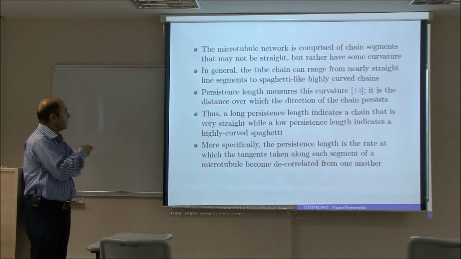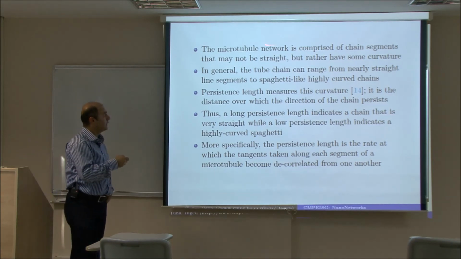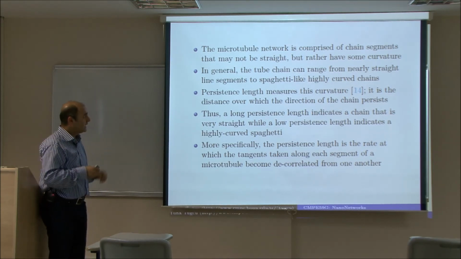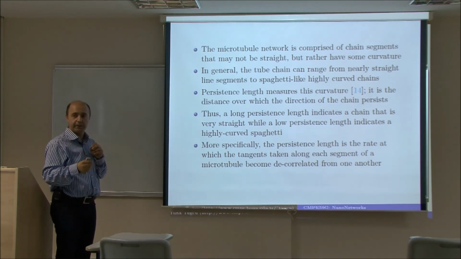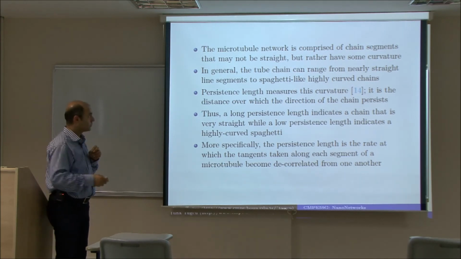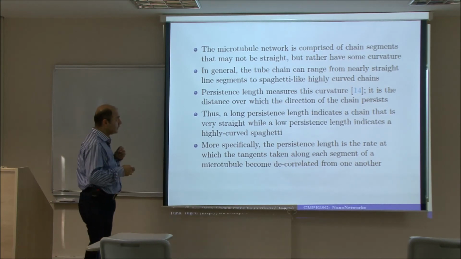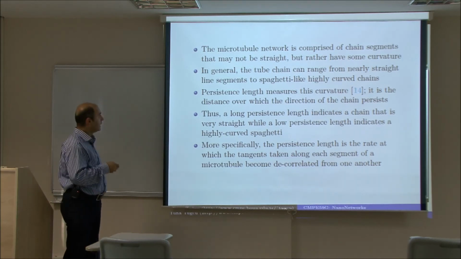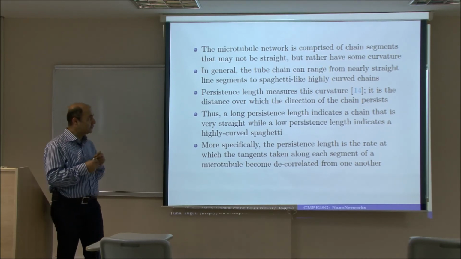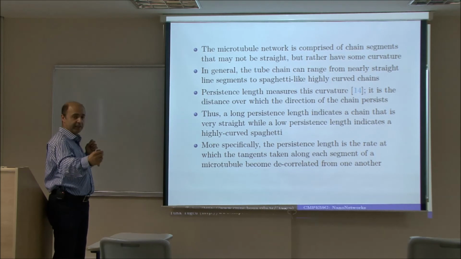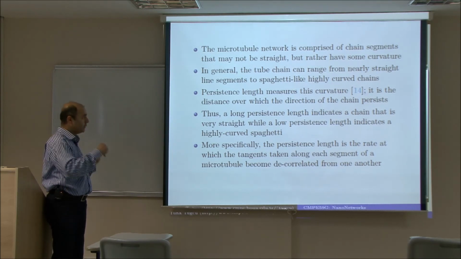Okay. So the microtubule network is typically composed of chain segments that may or may not be straight. In general, the tube chain can range from a nearly straight line segment to a pretty curved chain.